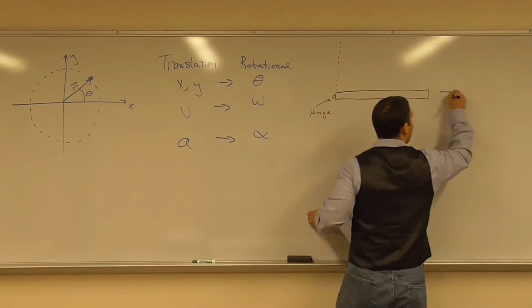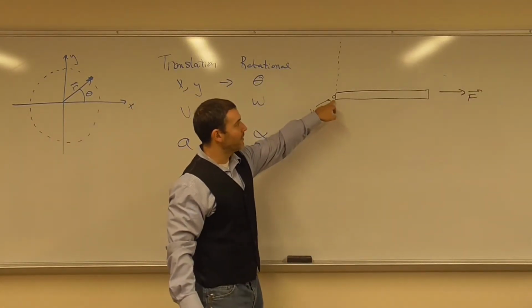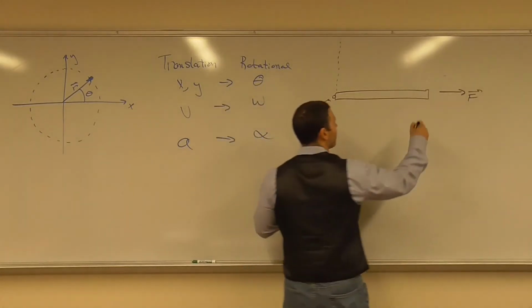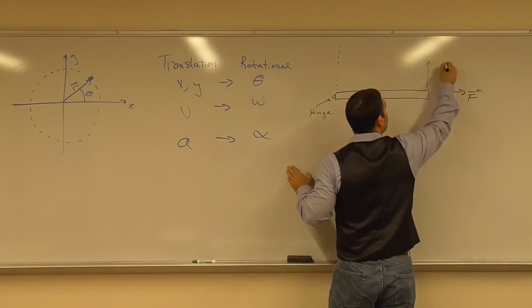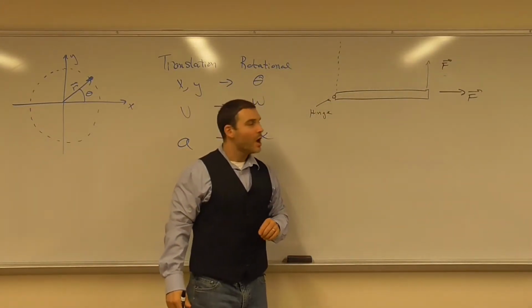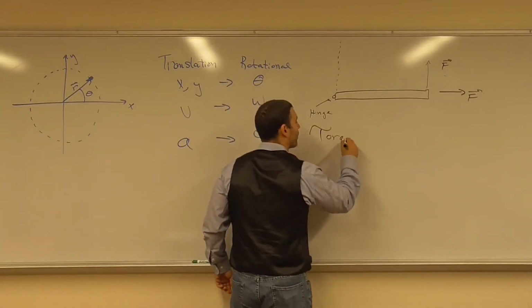I can't apply a force like that, right? That wouldn't close the door. I have to have some component of my force that points in this direction. All right? So that's the key idea behind this torque thing.